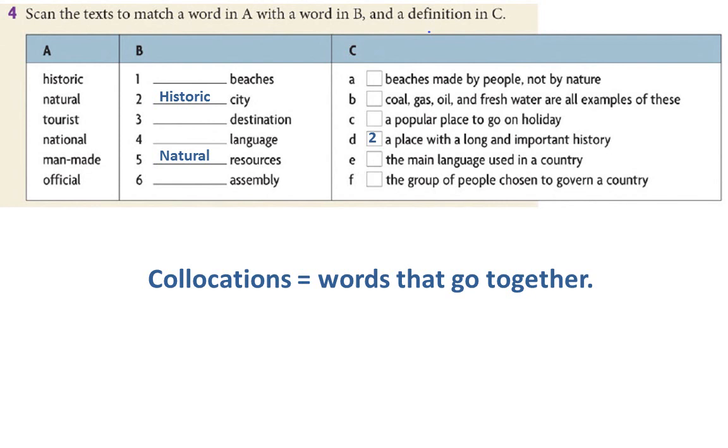Let's go to the second word, which is natural, and natural goes with resources. So the collocation number 2 is natural resources, and its definition is not beaches but coal, gas, oil, and fresh water are examples of these. So for natural resources, the examples are coal, gas, oil, and fresh water. So we can see that B matches with 5.